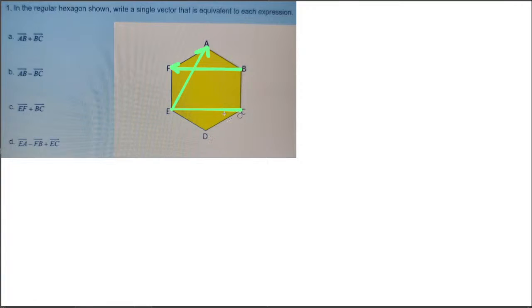Okay, EC. So basically what I'm doing is I'm first drawing the vectors, and then I'm going to add them all by writing them tip to tail.